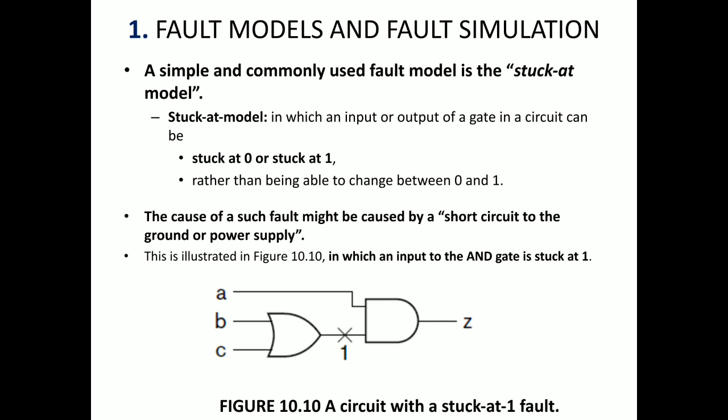This figure is showing a model of an OR AND gate, where Z is equal to A ANDed with B OR C. The output of the OR gate is stuck at 1 forever.